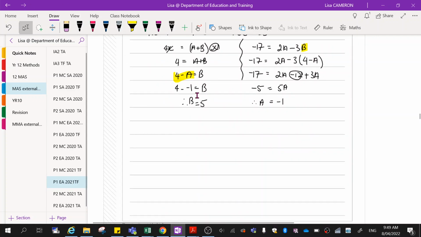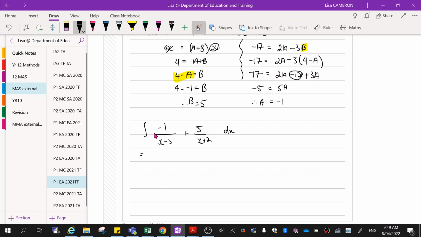Okay, so let's do that now. Now when we're integrating, we're going to be integrating -1 over (x - 3) plus 5 over (x + 2) with respect to x. Now this looks like something that we can do.